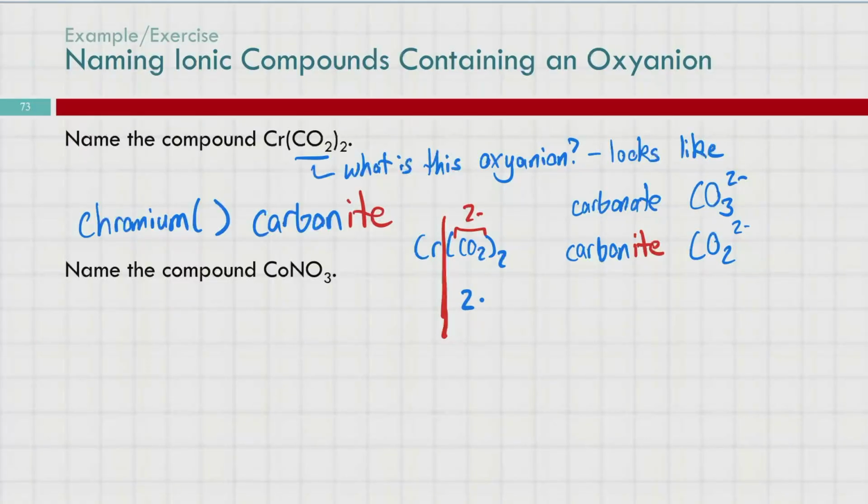So 2 times a 2 negative charge. We've got a total for our negatives of 4 minus. So that means to balance out 4 minus, we have to have 4 plus. Since we just have one chromium, that means our chromium has to be a 4 plus. So this is chromium 4 carbonite.